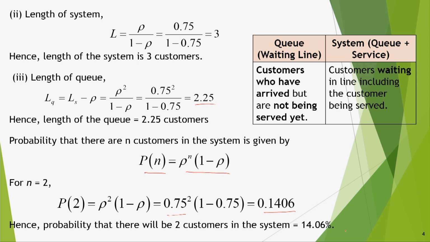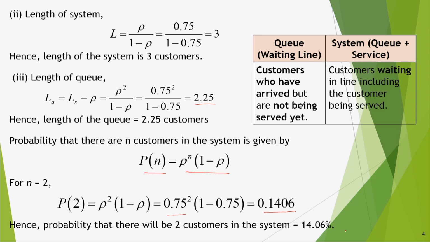Now Q is also called the waiting line. It is basically customers who have arrived but are not being served yet. And system means Q plus service, that means customers waiting in line, including the customers being served. Don't think that if there are 5 customers waiting, then in the system there are 5 plus 1, that means 6.